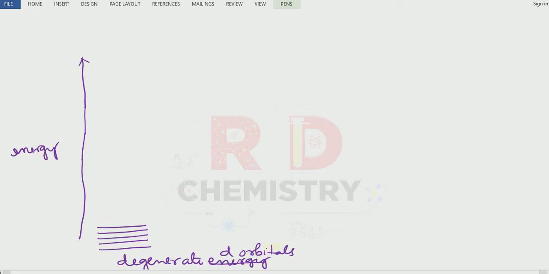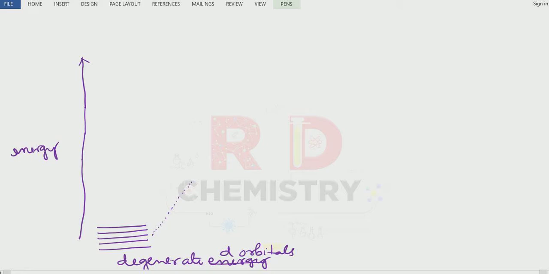Correct. Now, the metal-ligand bond is an ionic bond. Metal is positively charged and the ligand is negatively charged due to electrons, according to crystal field theory. So what will happen now? When the ligand approaches the metal, there will be repulsion. The repulsion along the axis is more compared to in between the axes. Therefore, we are going to take the average energy for these two sets.